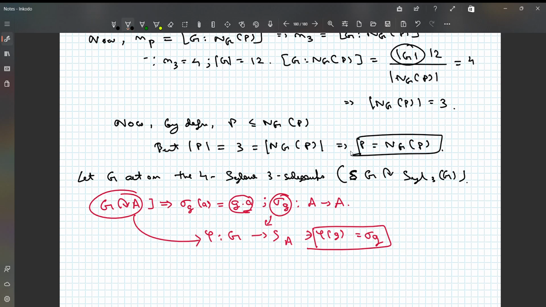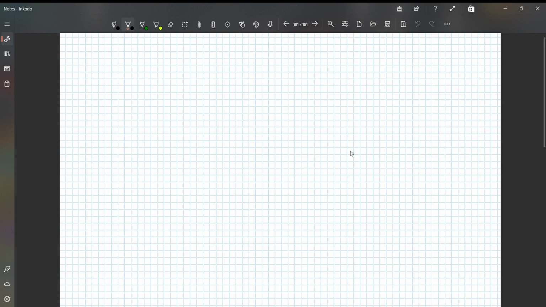If I make use of this fact here, we are making G act on the 4 Sylow 3-subgroups, and we make this action by conjugation. So let G act on the 4 Sylow 3-subgroups by conjugation. Then by definition this affords a permutation representation.